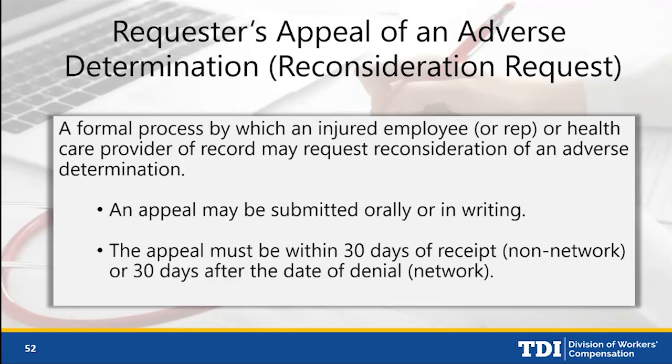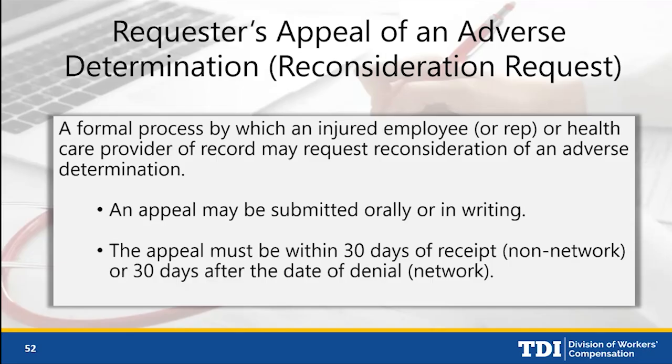The appeal can be submitted orally or in writing, and must be made within 30 days of receipt of the decision. Pay attention to this, although there is a difference between network and non-network appeals. On the non-network side, you must request reconsideration within 30 days of receiving that adverse determination.